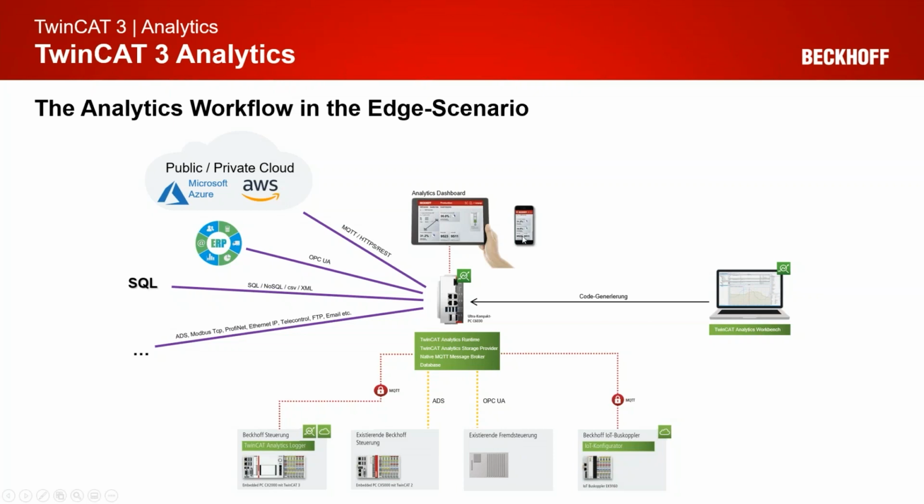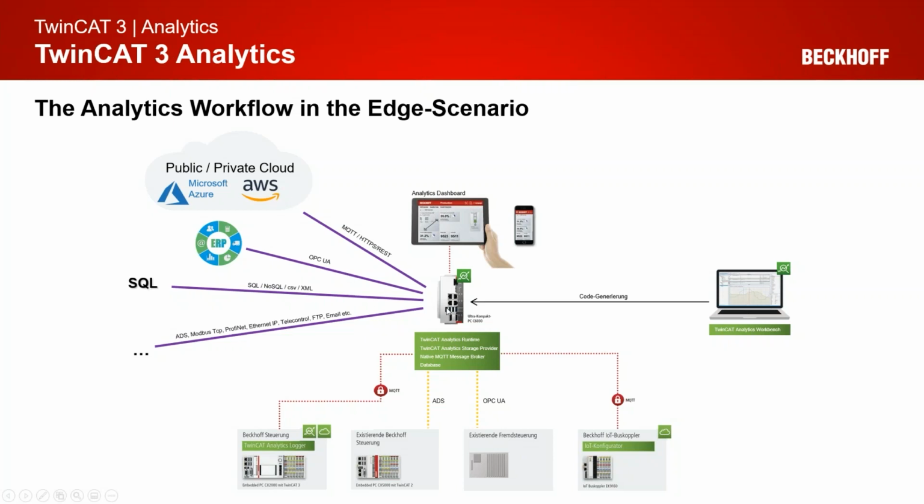And so we can also provide a dashboard if necessary, but we can also send data, because the PLC code is totally open, via MQTT to an AWS cloud, for example, or by HTTPS REST to another cloud system. Or as one example for OPC communication, we can provide data to an ERP system.